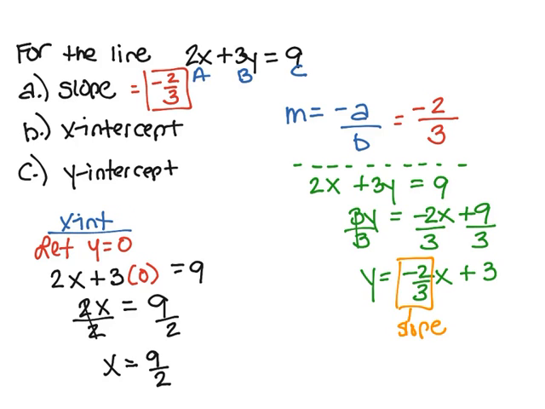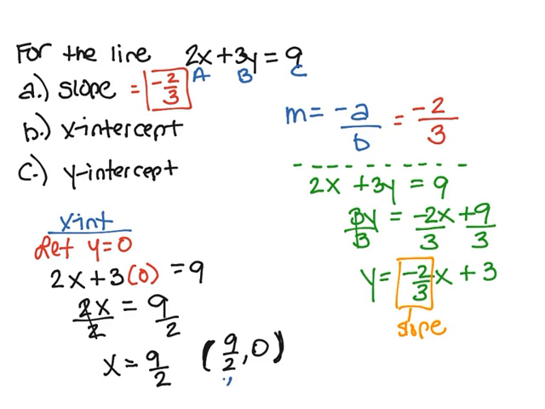It's 9/2. Now, in the computer, they might actually just want you to put the space 9/2, but if you wrote it as an ordered pair, you know you would have 9/2, comma 0.